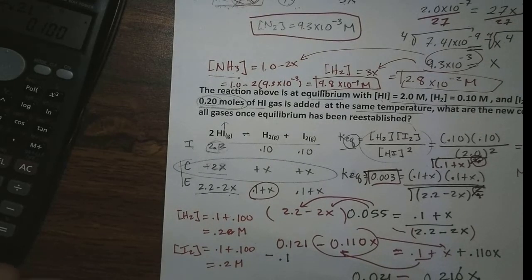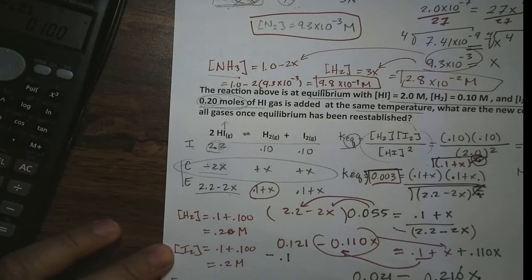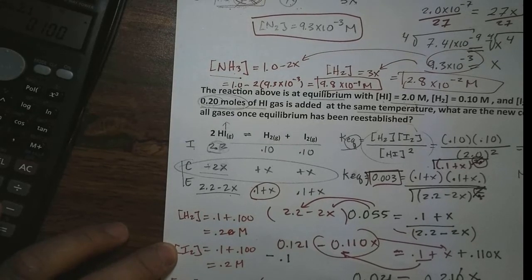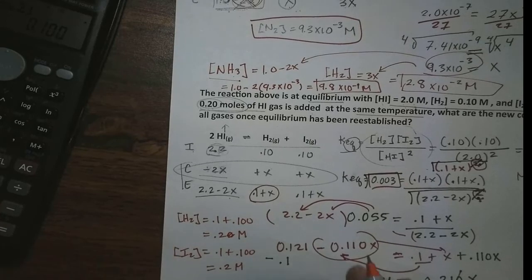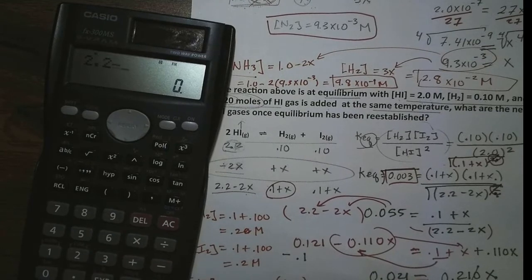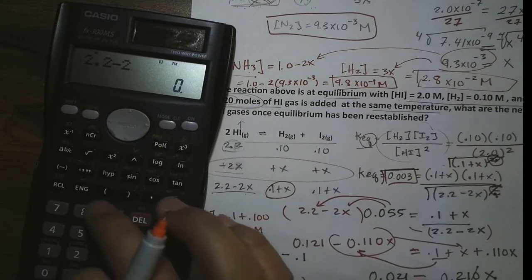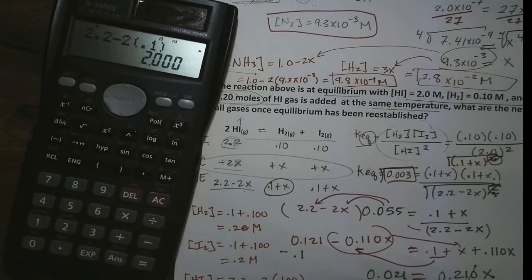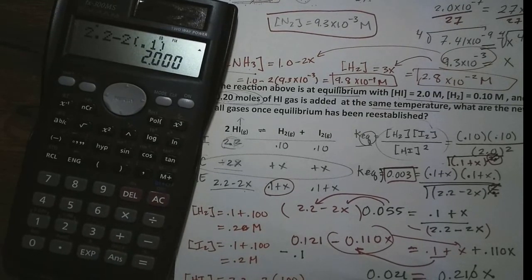And what about for HI? Of course we do the same thing; we just plug in the x. For HI, we have 2.2 minus 2 times 0.100. Let's plug that into a calculator: 2.2 minus 2 times 0.1 gives us 2.0 molarity.